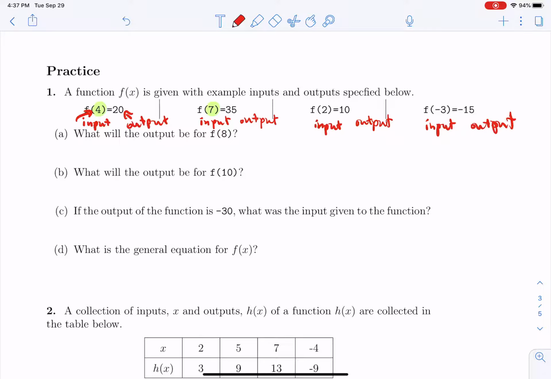Okay, so what rule or what function do you think we're using to get from that input to that output? You're right if you said the rule is we're multiplying by 5. If I were to write that as a function rule, I would write f(x) = 5x.